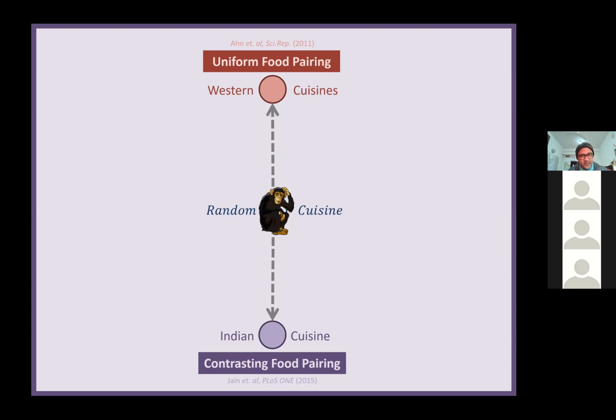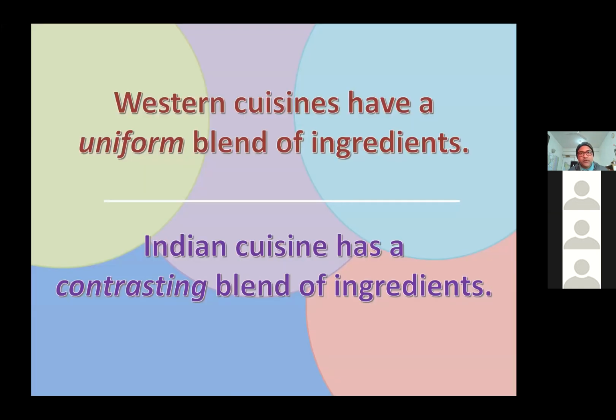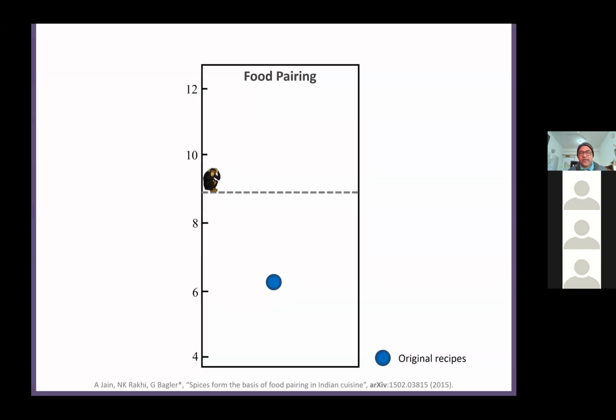That turned out to be an interesting observation: Indian cuisine has a contrasting blend of ingredients, whereas Western cuisines have a uniform blend, similar kinds of ingredients coming together.